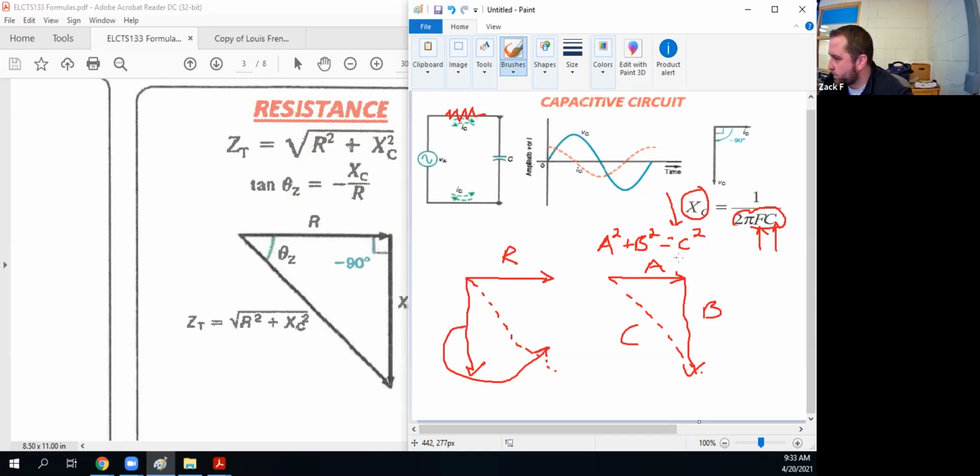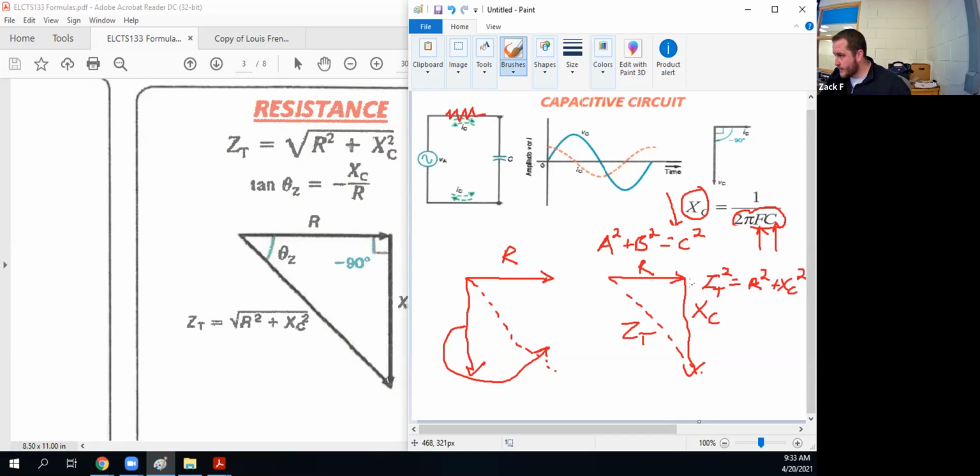If we replace a and b with R and X sub C, you get this is impedance, right? So it's the total between the two. Z sub T squared equals R squared plus X sub C squared.